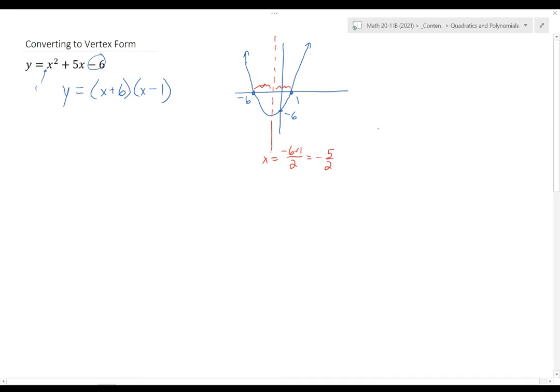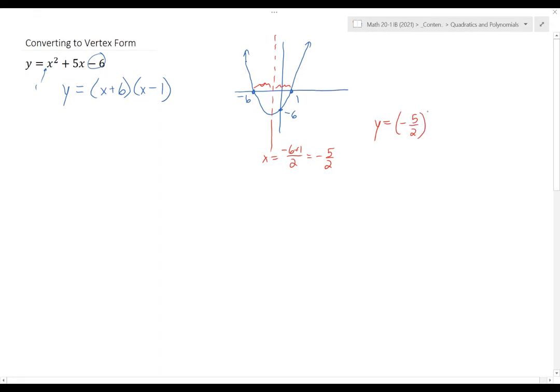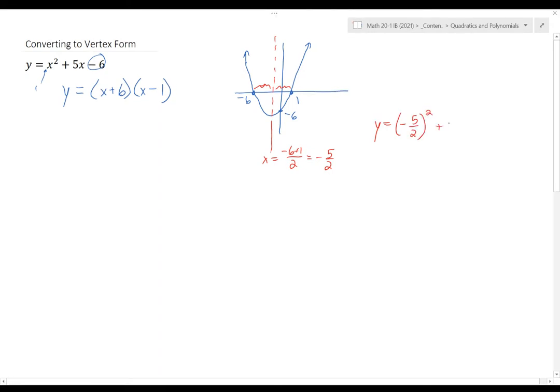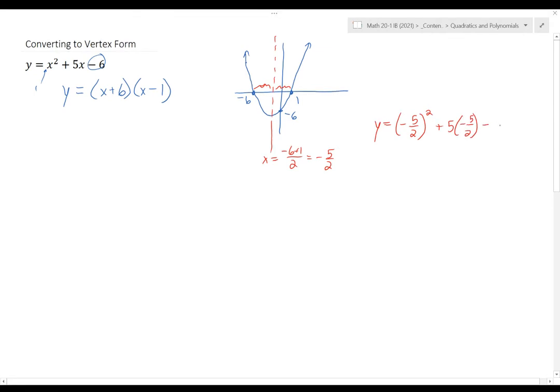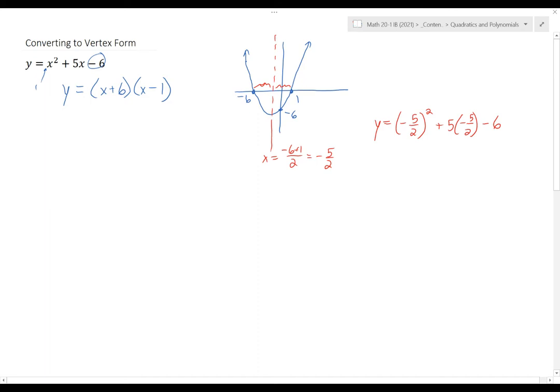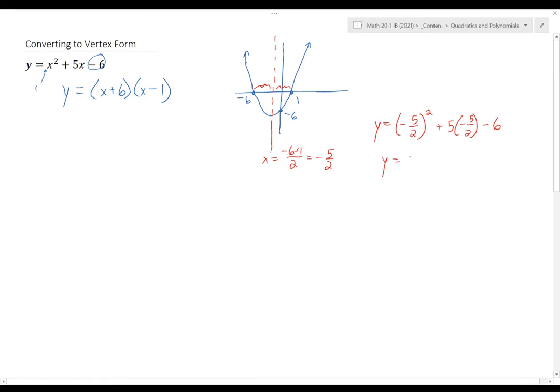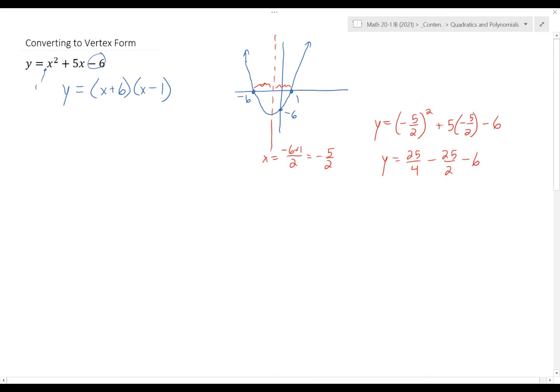To find the y value of the vertex, I substitute that into my original equation, or into the factored equation. It really doesn't make much of a difference. But what matters here is I'm going to figure out the y value of this vertex. So that's 25 over 4 minus 25 over 2 minus 6, which, with a quick calculation on my calculator, as a fraction is negative 49 over 4.